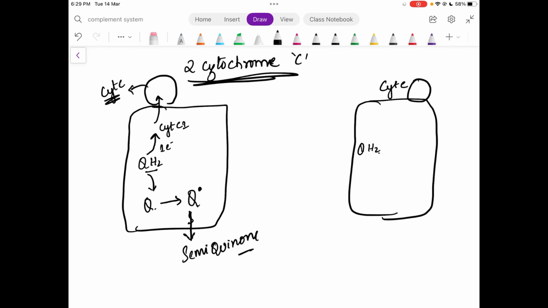Where do you get this ubiquinone? We have a pool called the Q pool. From the Q pool only we are getting QH2.